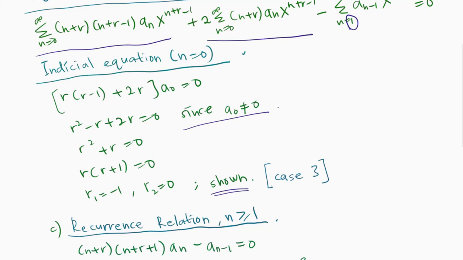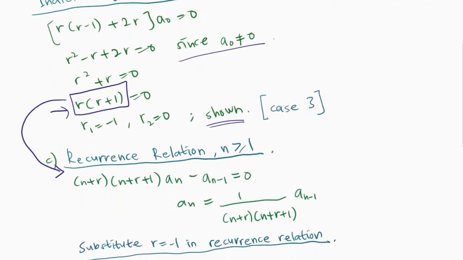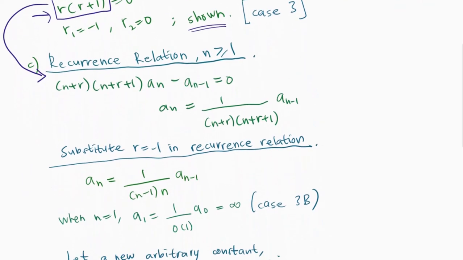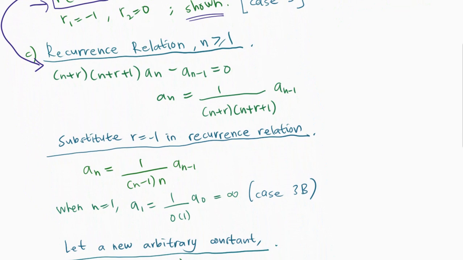It's important for you to factorize here. I really need you to factorize here because this will help you to do your recurrence relation. Next, recurrence relation. We have recurrence relation for when n is greater than or equal to 1. So here it is n plus r plus 1. Why?